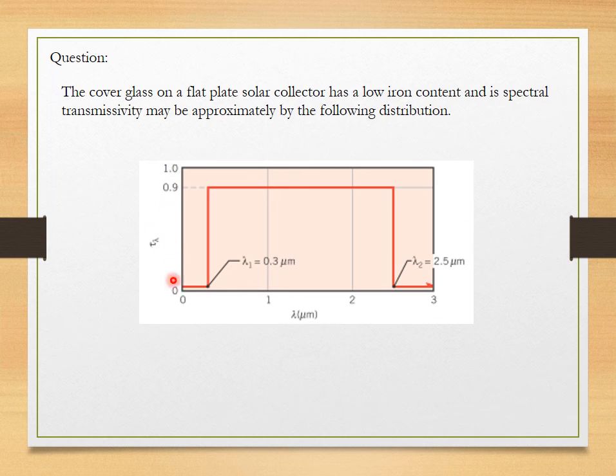This is the vertical axis showing the transmissivity, and the horizontal axis representing the wavelength in micrometers. So the question: what is the total transmissivity of the glass cover to solar radiation?